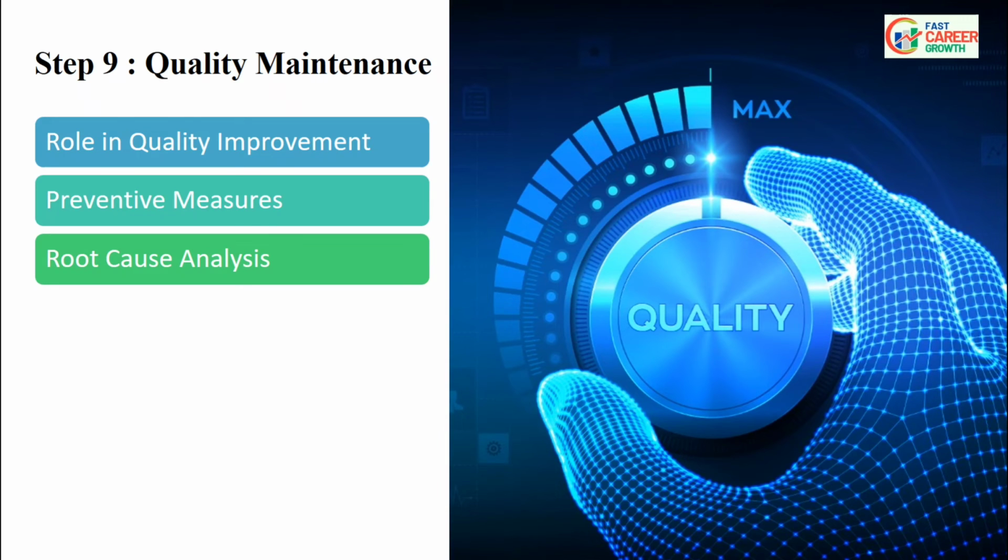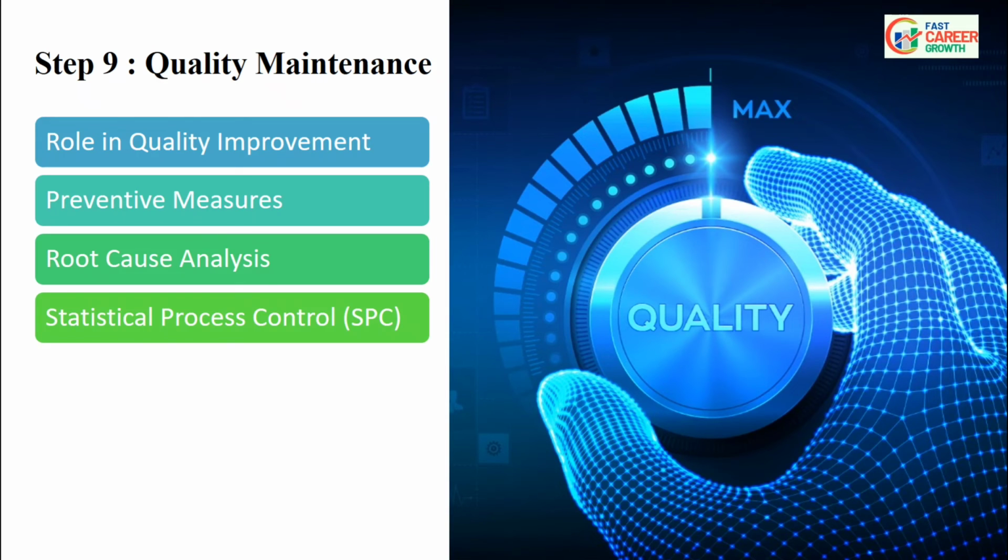Root cause analysis. Describe how quality maintenance often involves root cause analysis to identify and eliminate the sources of defects or variations. Statistical process control (SPC). Explain the use of SPC techniques to monitor and control the quality of products and processes.